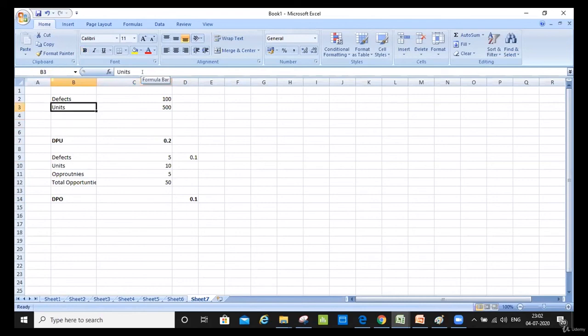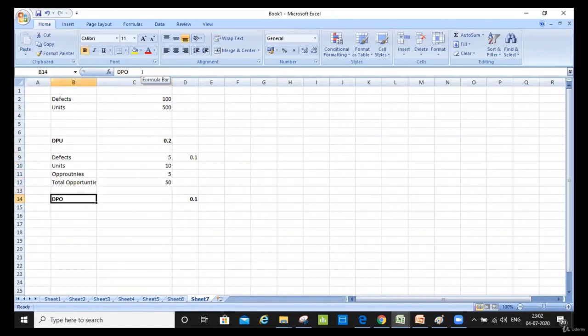My customer is very demanding, and says that out of 500, if all of them are good to go, I will take it. Here, every unit that we have has certain opportunities. Okay, there are certain things that the customer looks at, wherein there are 5. So total opportunities becomes total units times opportunities, 50. So my DPU is 0.2 and my DPO is 0.1 here.